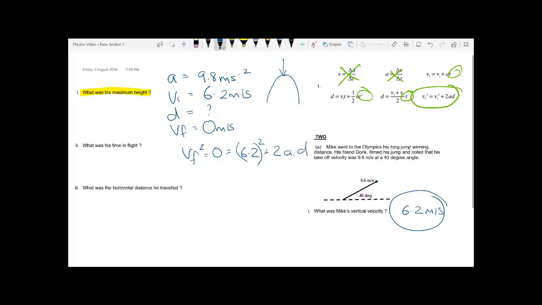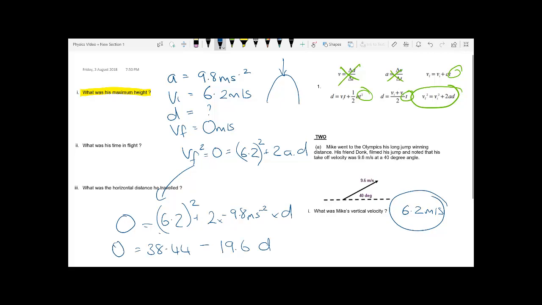Now, if we rewrite that over here, 0 equals 6.2 squared plus 2 times minus 9.8 meters per second squared times d.